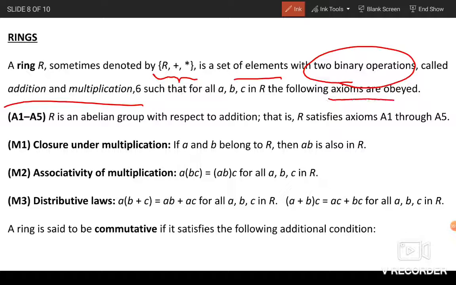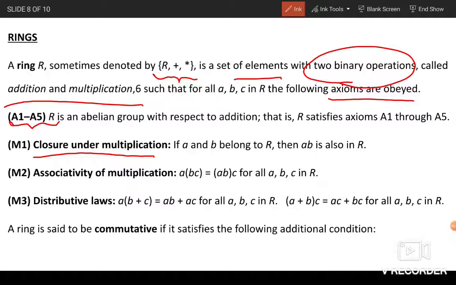Here also we have to follow some axioms, that is all the axioms we discussed in the previous structure, the group. So the ring should satisfy all the addition axioms.